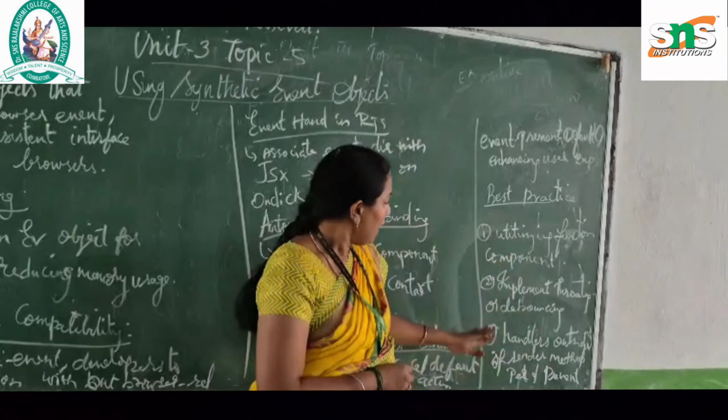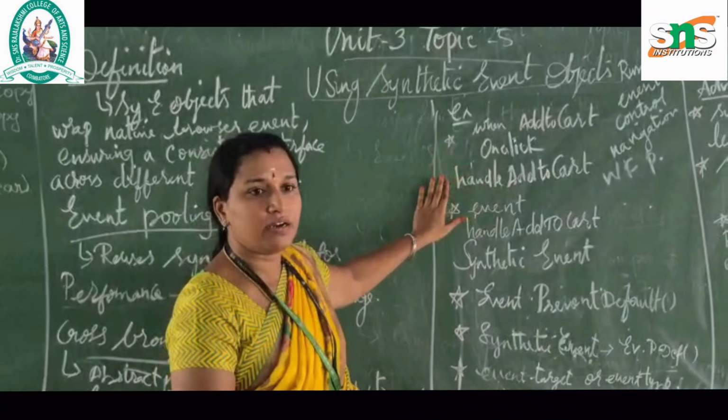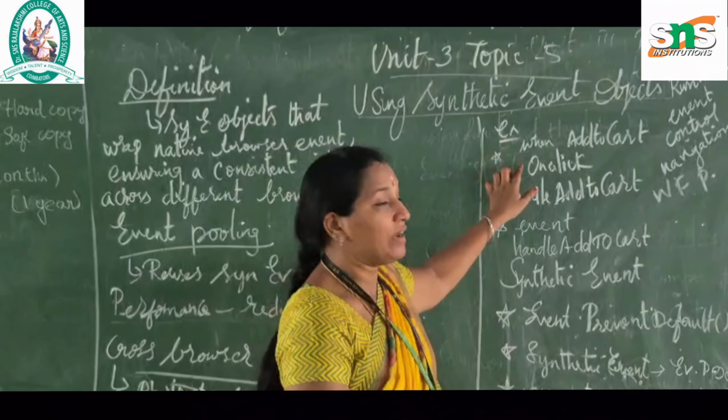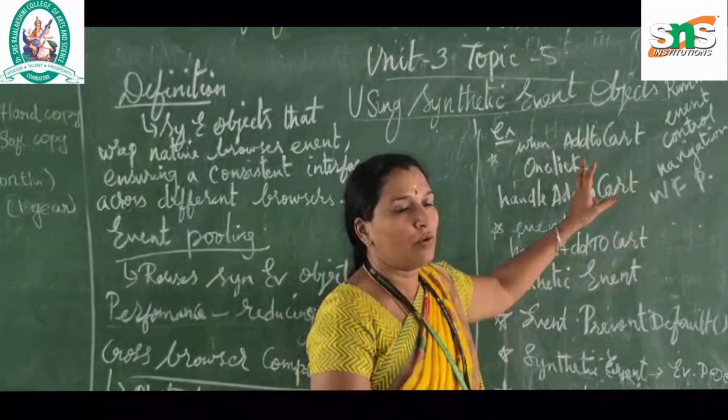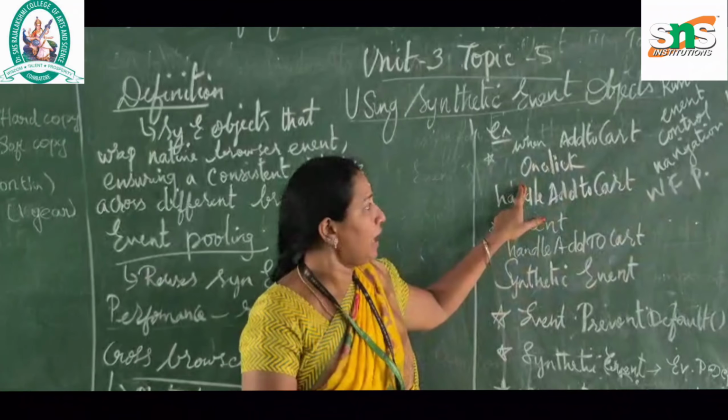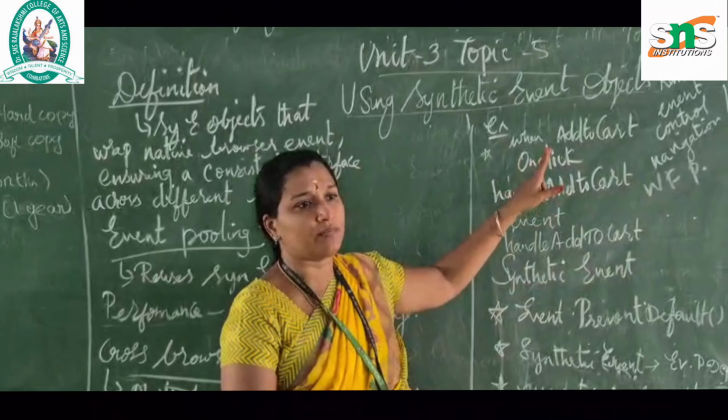Okay, clear? So here in event handling we have seen what using synthetic events is, which is done in the objects, and here I am giving the example for that. When we go to add to cart, we click the onClick button and each cart item will be added one by one.